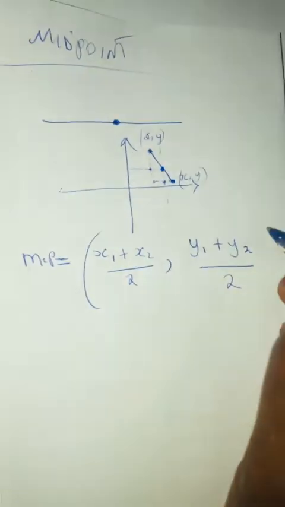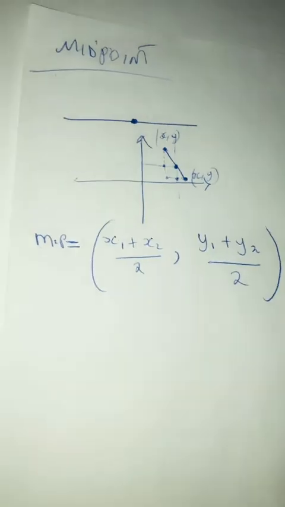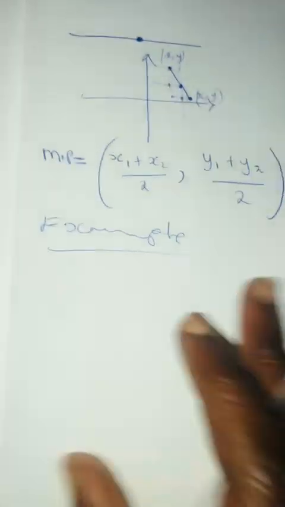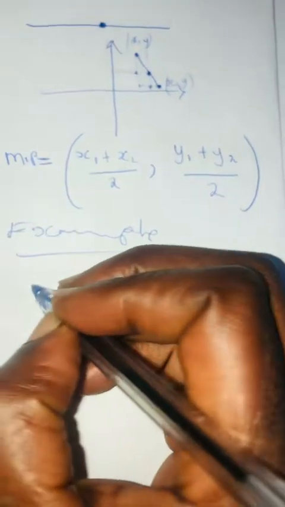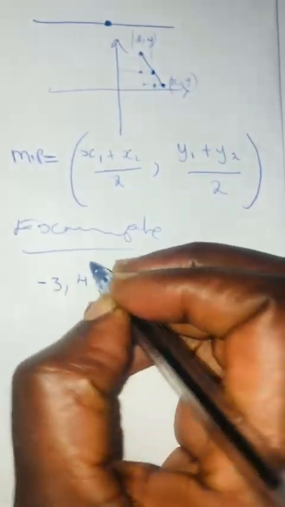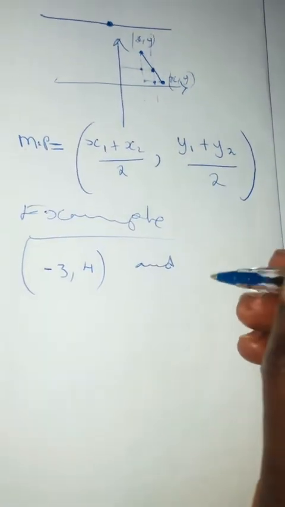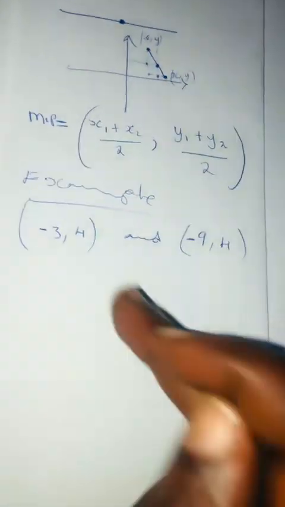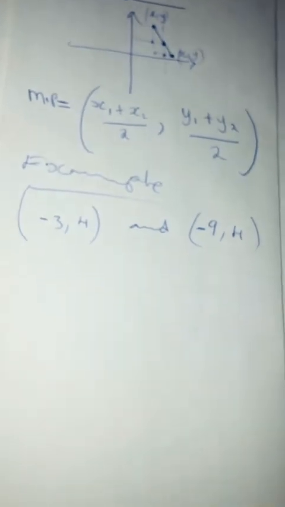This formula will give me the coordinates of a midpoint. Okay, for example, find the coordinates of the midpoint of (negative 3, 4) and (negative 9, 4). If you plot these points and connect them, you come up with a straight line.